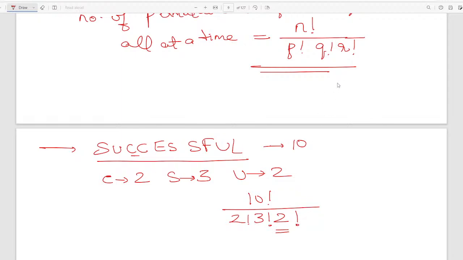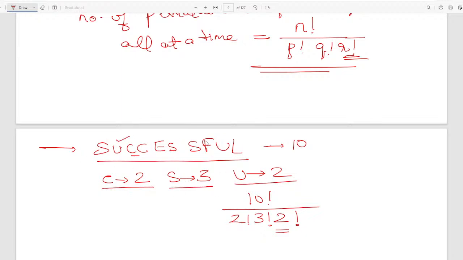This is the r that I was speaking about. This can continue like anything. If you have any other element that is repeating, then you have to divide by that factorial. So here, there are 2 C's, 3 S's in this word, and 2 U's.